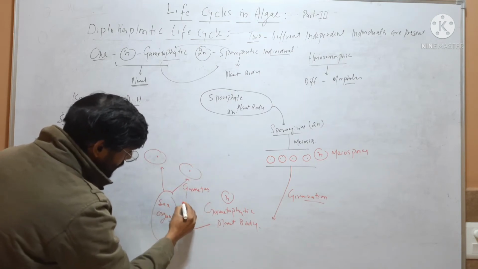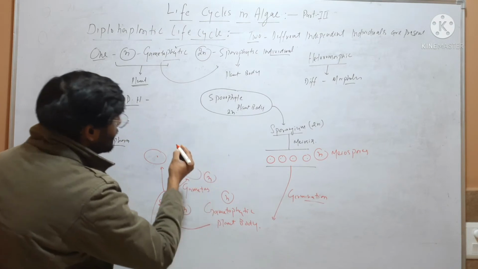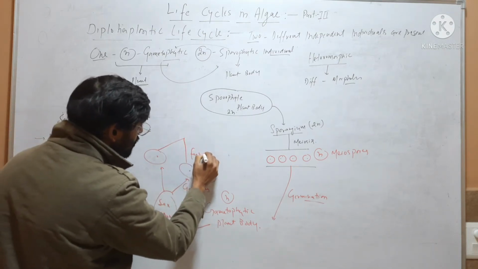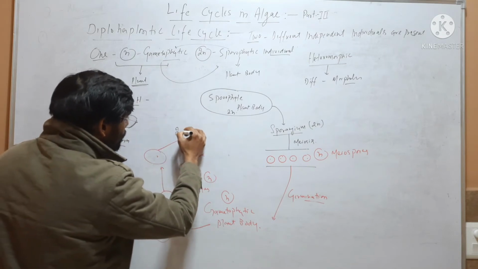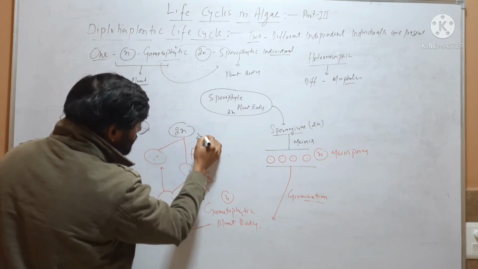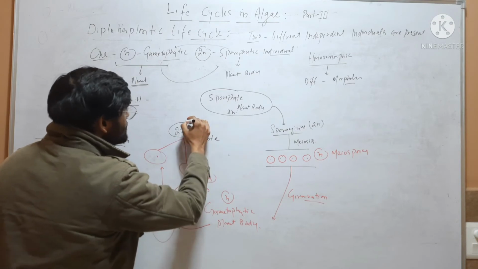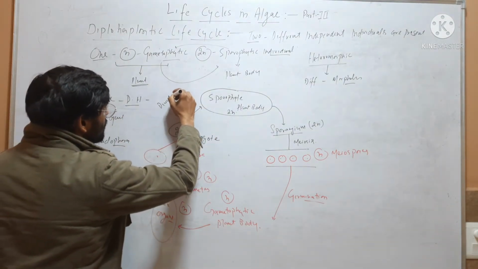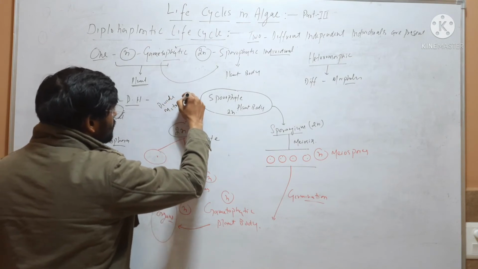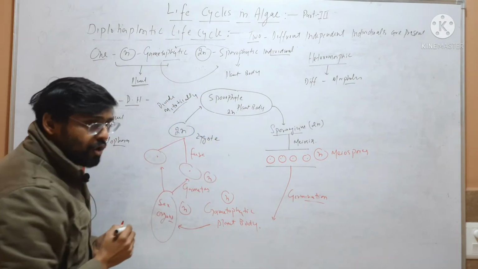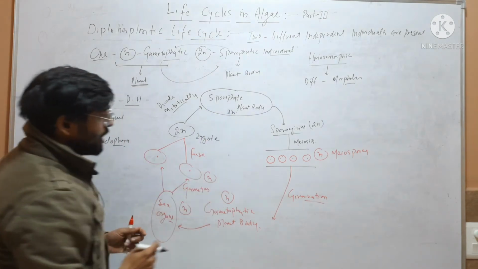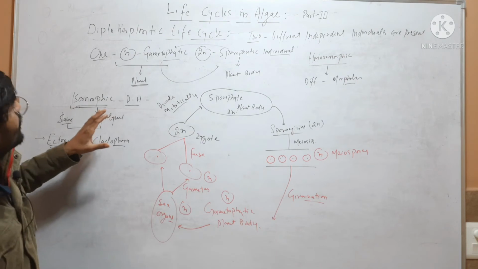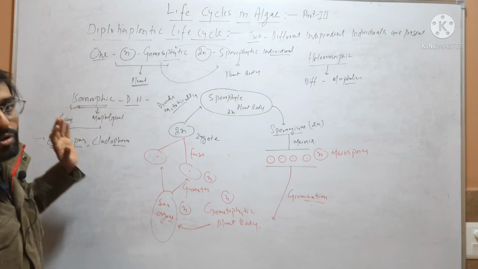These sex organs are also haploid, gametes are also haploid. Then these gametes will fuse and they will form a true 2N zygote. This zygote then divides mitotically and this will form the sporophytic plant body. So this is the life cycle of isomorphic diplohaplontic algae.